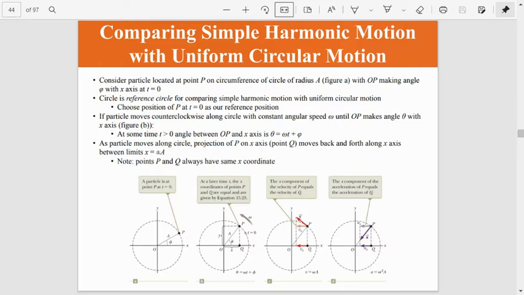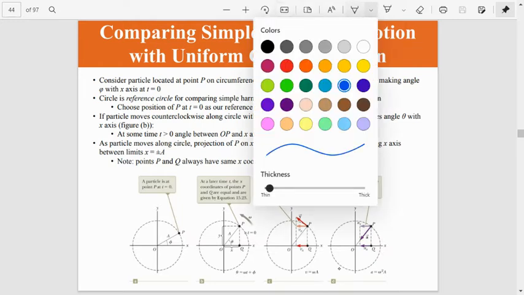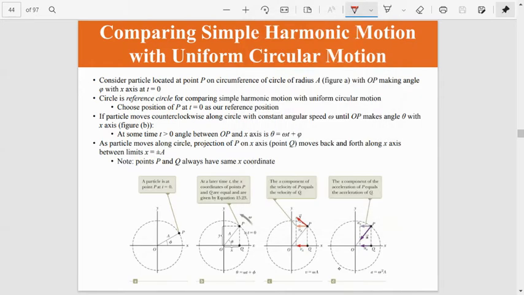Meanwhile, if you look at the graphs below, consider the projection of point P on the x-axis. That's shown as point Q in graphs B, C, and D. The idea is that we can always find the projection of P on the x-axis, which will be right here.